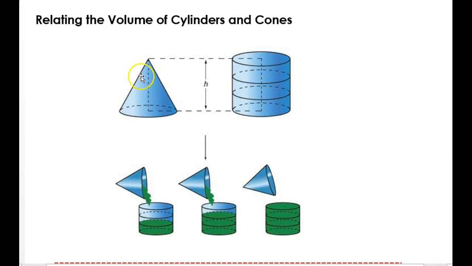Okay, so here I have a cone and cylinder with the same height and same base. By dumping 3 of the cone volumes into the cylinder, I completely fill it. So what that tells me is that a cone has 1/3 the volume of a cylinder.